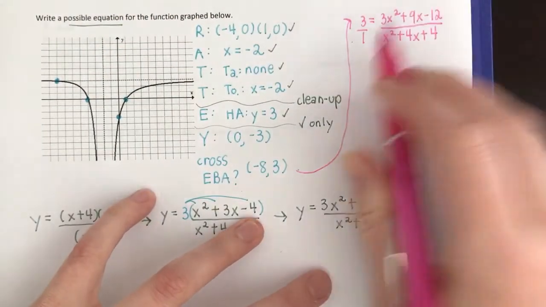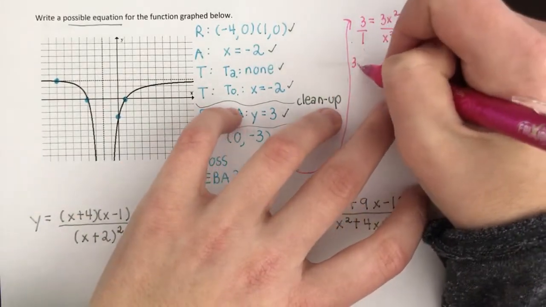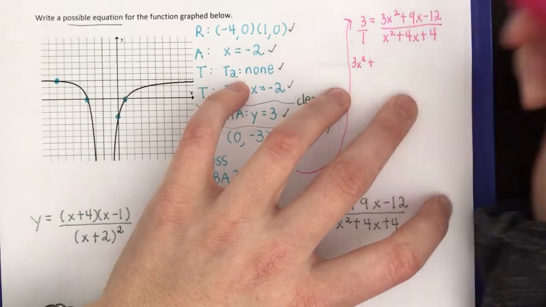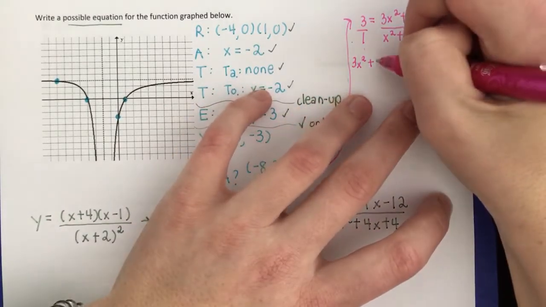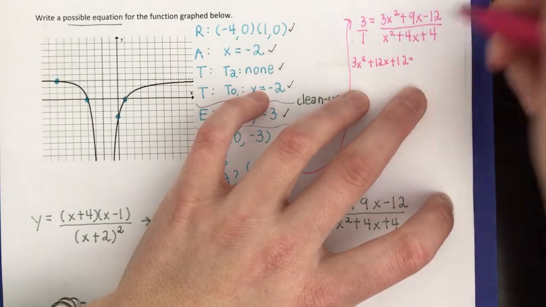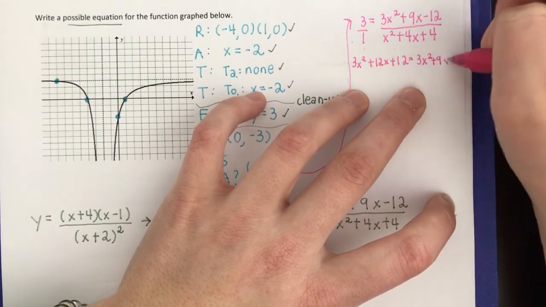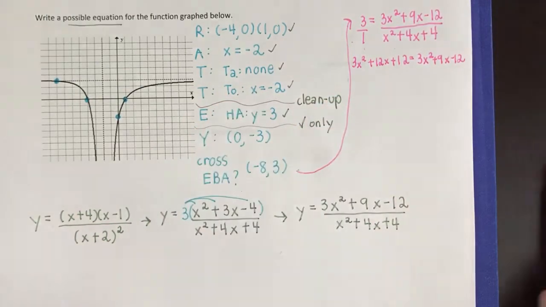So put the 3 over 1, distribute the 3 into all three terms in the denominator. So that would look like 3x squared plus 12x plus 12. I'm trying to write teensy tiny. And then all the terms in the numerator will stay the same because you're just multiplying by 1.